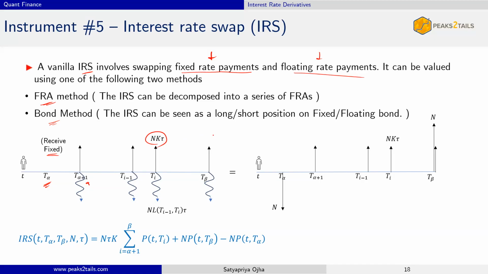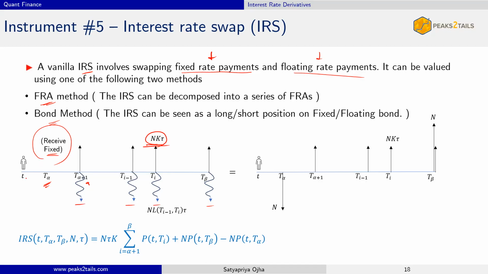IRS does not have any notional. Okay, but some of the FX cross-currency swaps have notional exchange as well. But here in just plain vanilla IRS, we don't have exchange of notional. So at the end, you don't see an N at the end. Okay. So inflow is fixed, and then we have floating outflows for a receive fixed swap. All right. Or you can just say receiver swap. It's the same thing. We are receiving fixed.